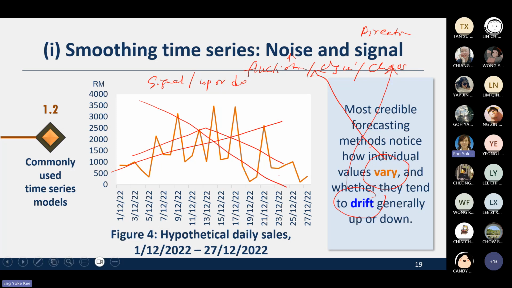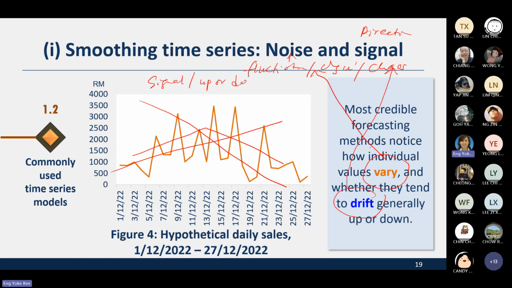So this is why the smoothing method tries to clarify the situation. Now, looking at the graph itself in a very casual manner, first you look at the signal. Most of the time, you see the signal is not strong. It seems like non-linear, it seems like going up, it seems like going down. Signal here means you want to say something about the direction of the series itself, going up or going down.